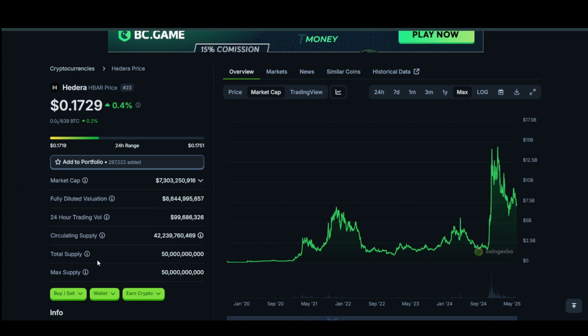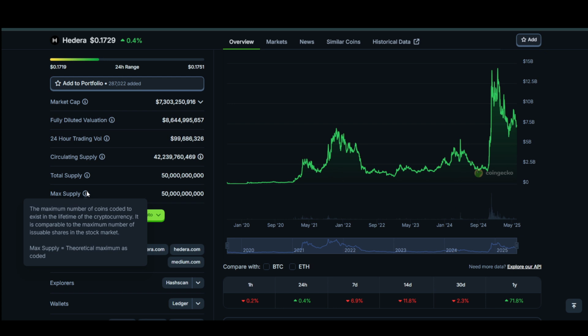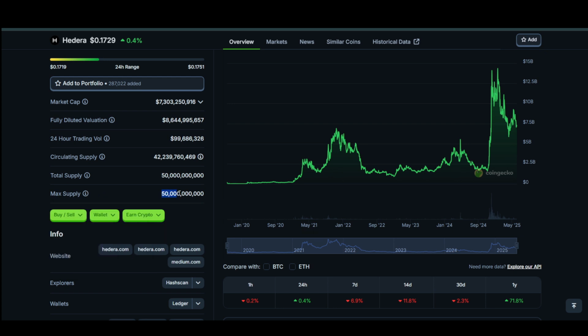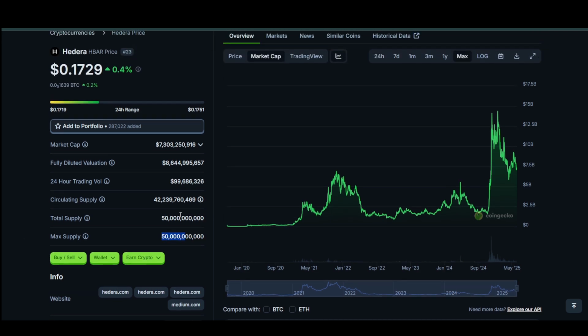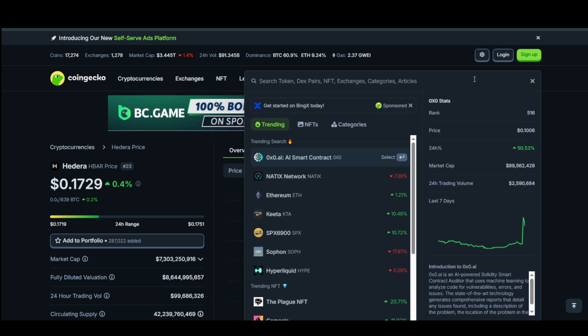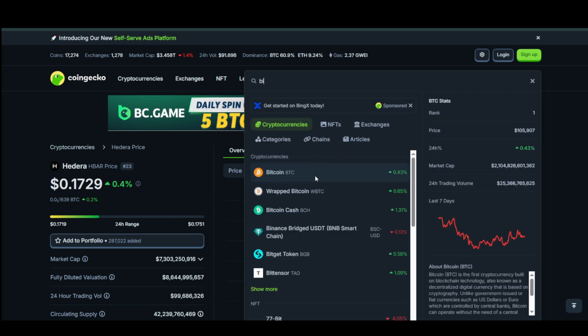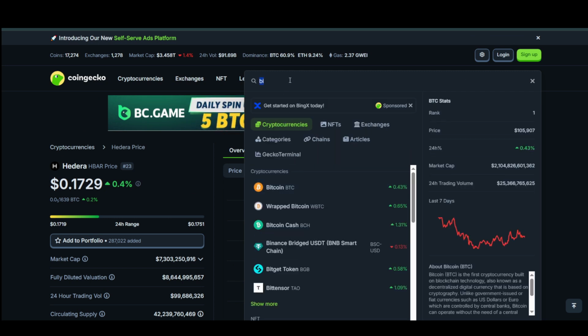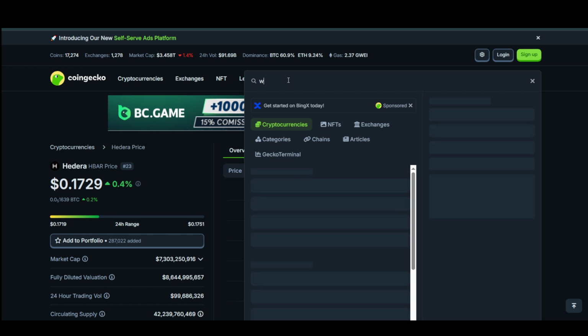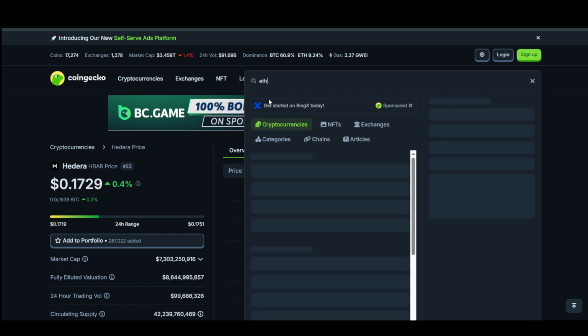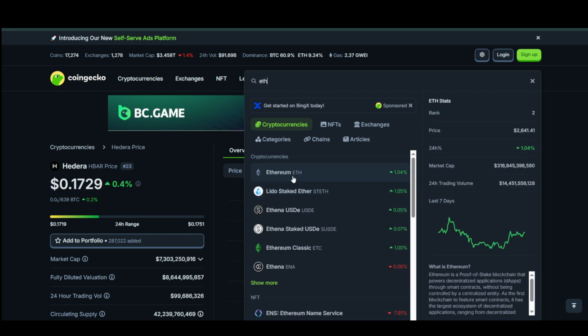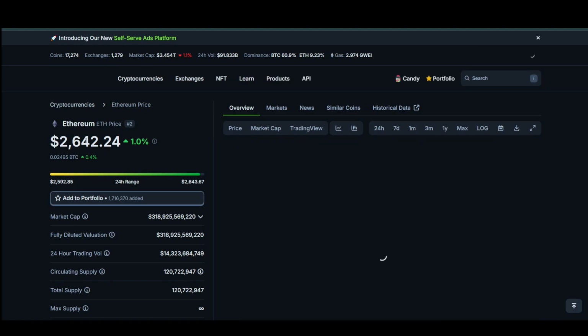After that, we have max supply. So this is basically the maximum supply that any coin is going to have. So for HBAR, it is 50 billion, and if we look at Bitcoin, it has 21 million. And if we look at Ethereum, Ethereum is a pretty good example for this particular metric.